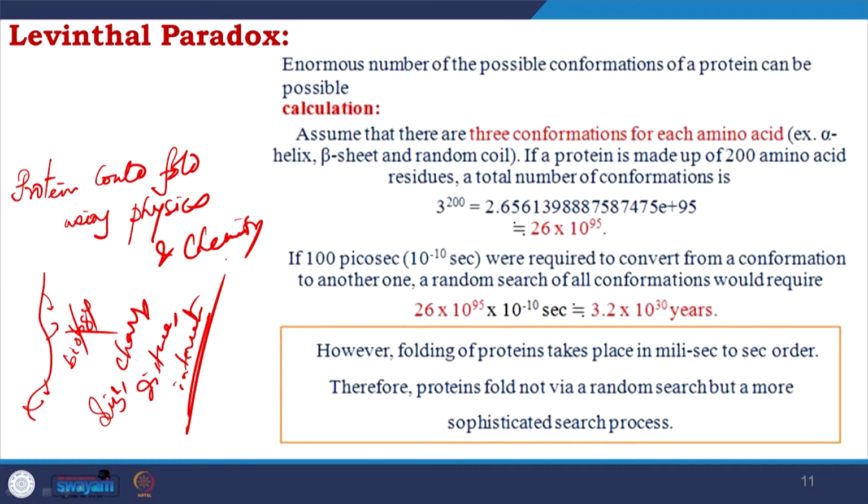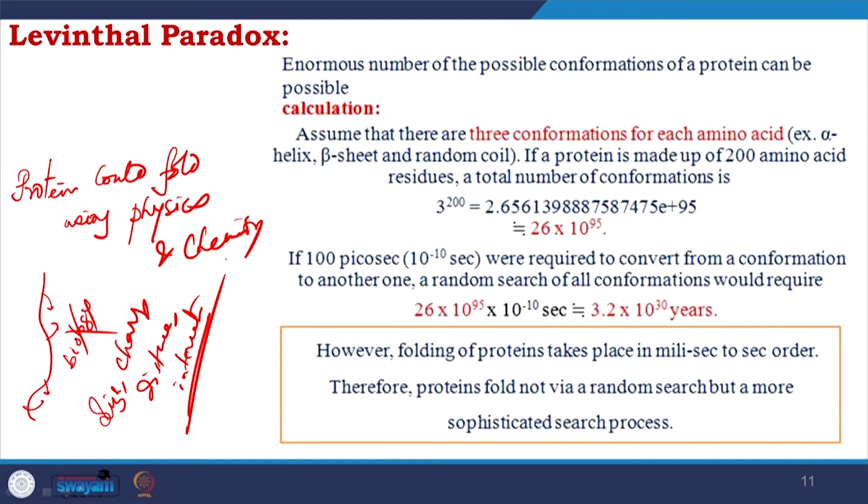Now, he considered that if 100 picoseconds, which is 10 to the power minus 10 second, is required to convert from one conformation to another, a random search of all conformations would require 26 into 10 to the power 95 into 10 to the power minus 10 second, which is actually 3.2 into 10 to the power 30 years. However, we all know that protein folding takes time from millisecond to second order.